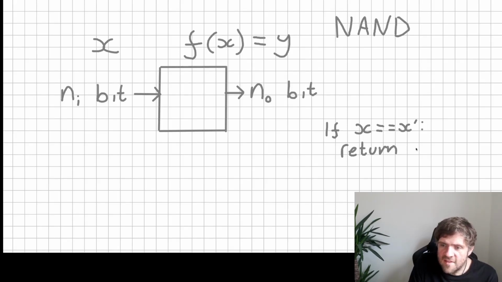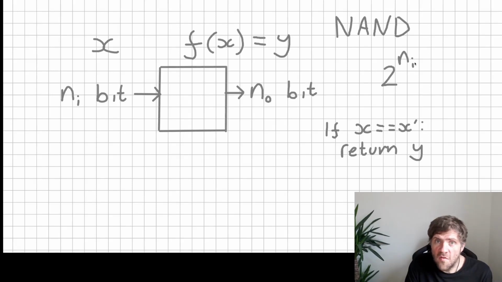But this is kind of a terrible way to write a program because, A, you need to have as many lines in your code as there are possible inputs. You have to go through all of the 2 to the n_i possible inputs, which obviously goes up exponentially with the number of bits. And also, you need to know all of the answers already.